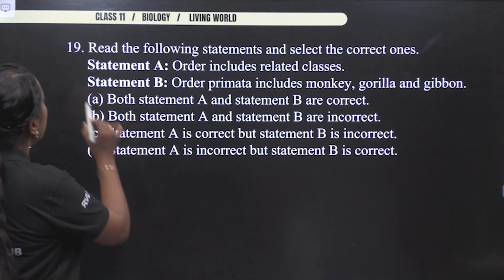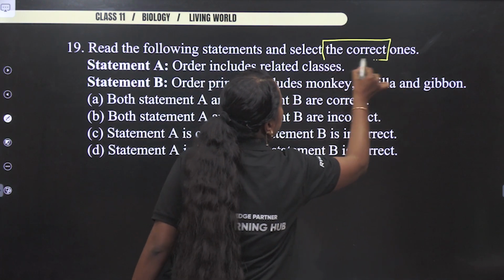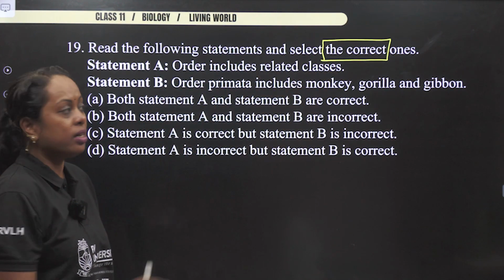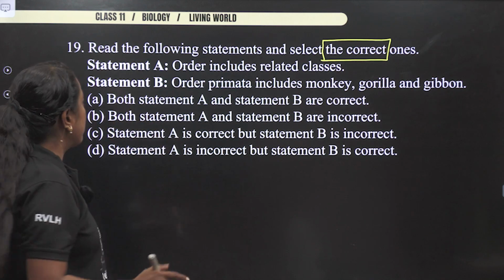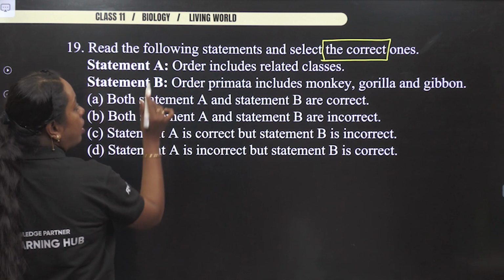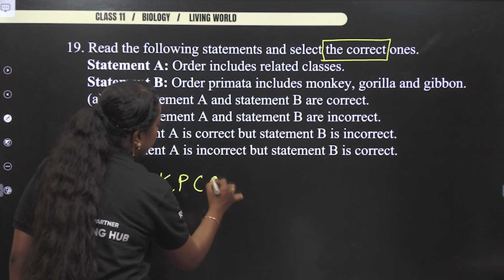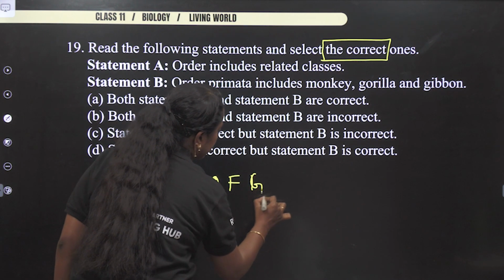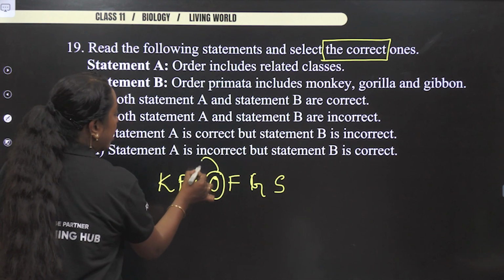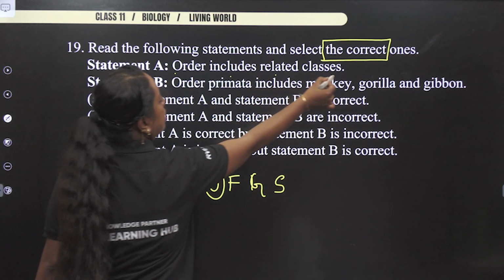Okay. Next, read the following statement and see what it says. Usually, if we don't read the question properly, there's a tendency to lose marks here. So it says select the correct ones. Order includes related classes. Check it. Does order include related classes?